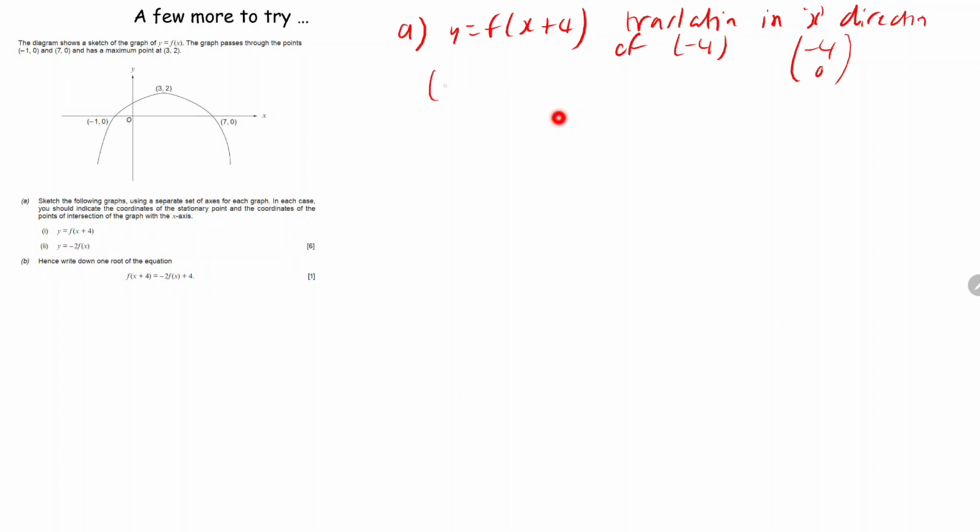So the original coordinates are -1, 0, 3, and 2, 7, 0.